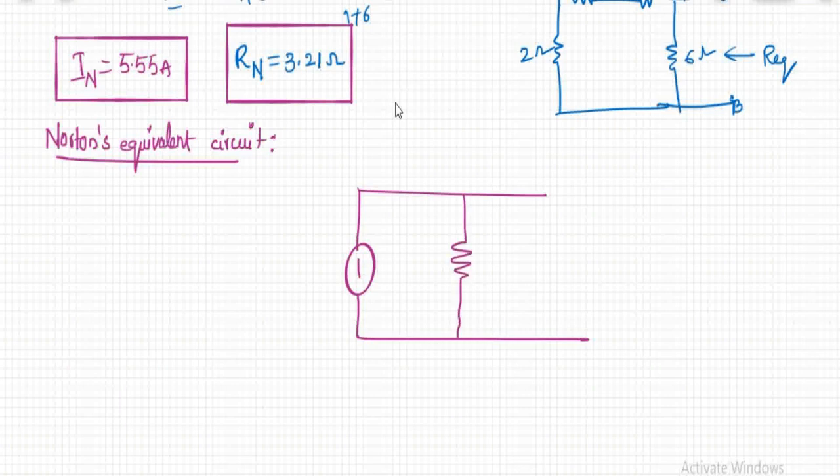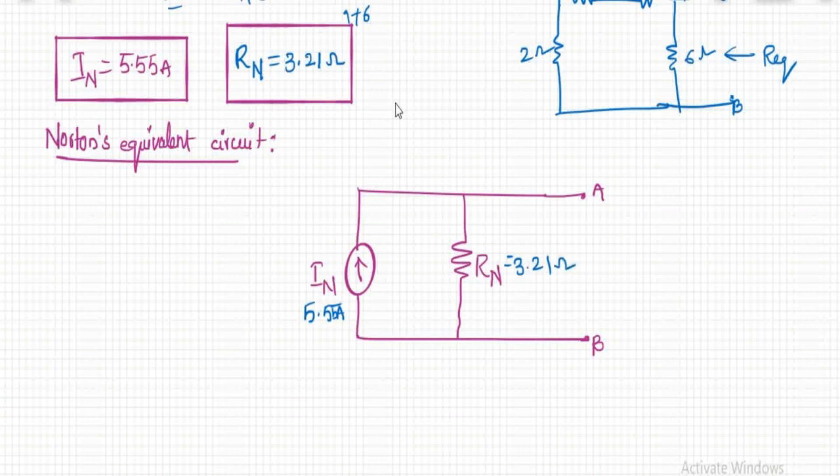Here the current source value is our Norton's current value, and the resistance is Norton's resistance between terminals A and B. The entire circuit is now replaced with a current source and a resistance, with current source value 5.55 amperes and resistance 3.21 ohms. So this is Norton's equivalent circuit. This is how we calculate Norton's equivalent circuit.